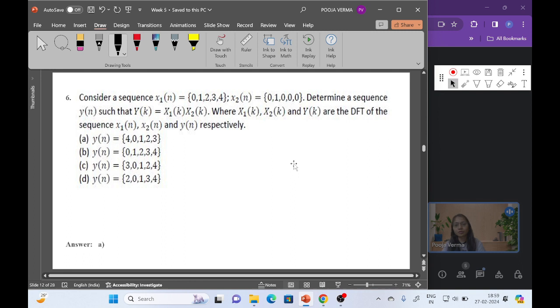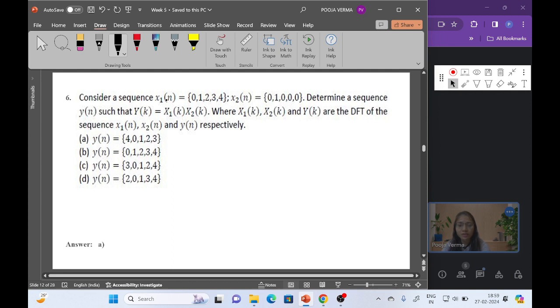So how will we go through the discussion? We have already gone through circular convolution and how to solve this question. There are different ways to solve this problem. So what is the quickest and easiest way? First, you can calculate X1(k), then find X2(k) for this sequence and this sequence, and then multiply X1(k) and X2(k). Another way is to use the matrix convolution. I hope all of you have gone through the matrix convolution part also.